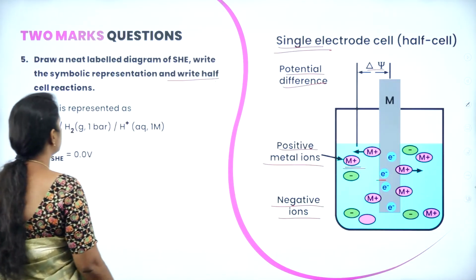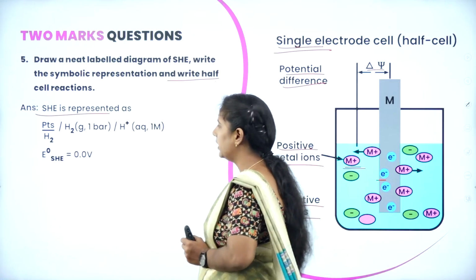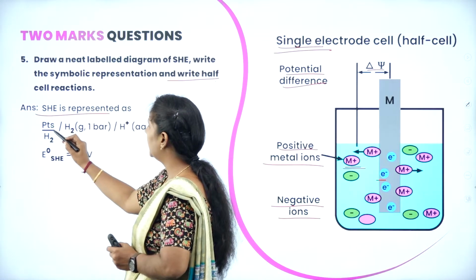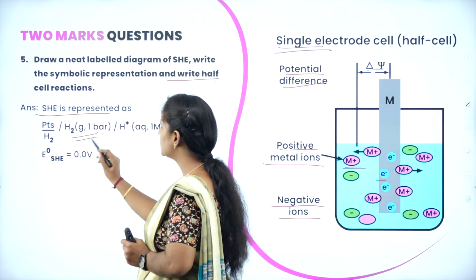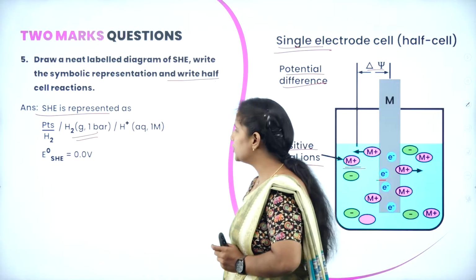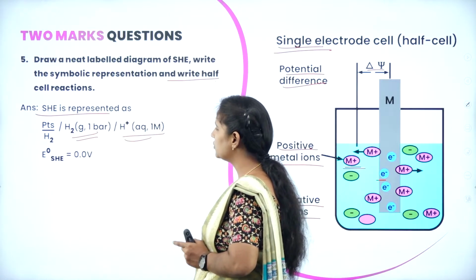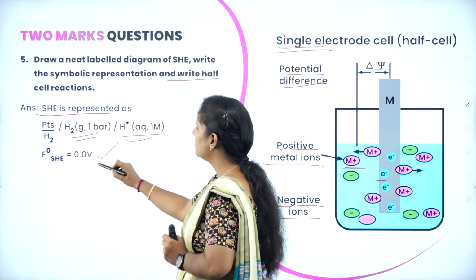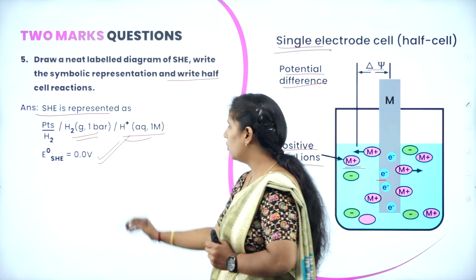How to show the half cell reaction in SHE? The platinum electrode which has been introduced, so Pt divided by hydrogen H2. So hydrogen gas will be maintained at 1 bar pressure, with the aqueous solution of 1 molar, and the E0 value of SHE is 0.0 volts.